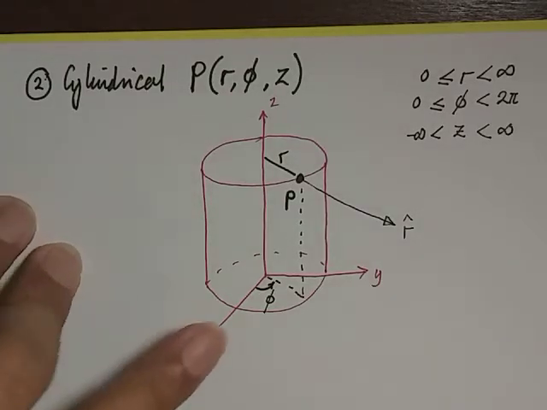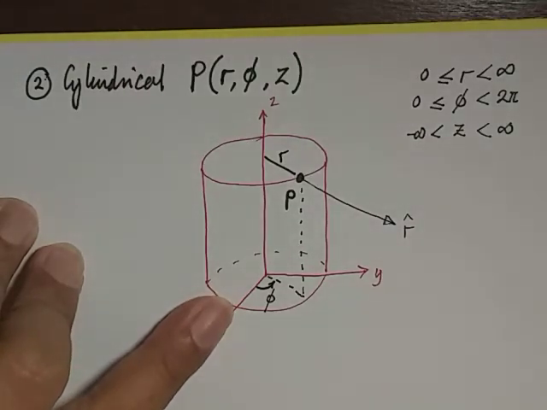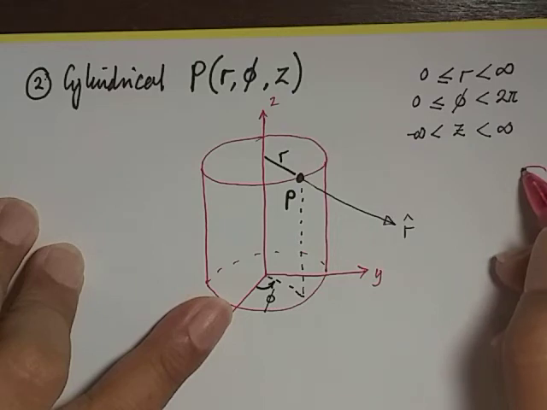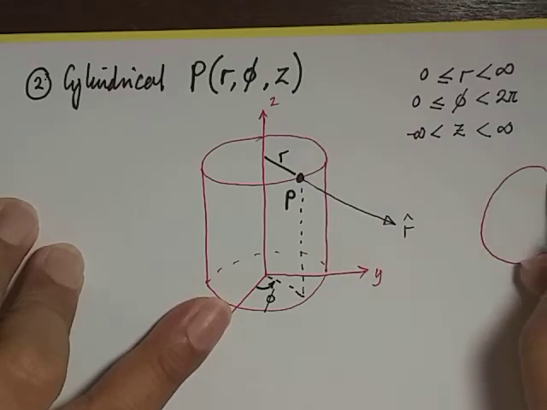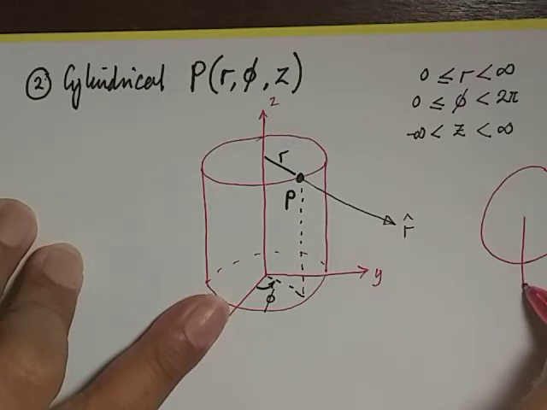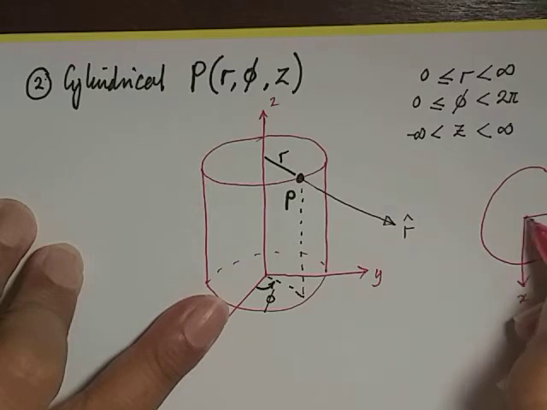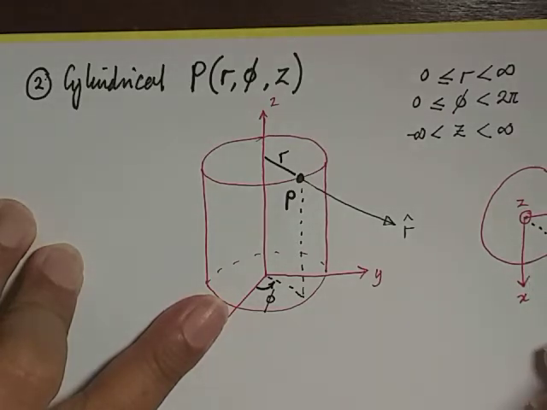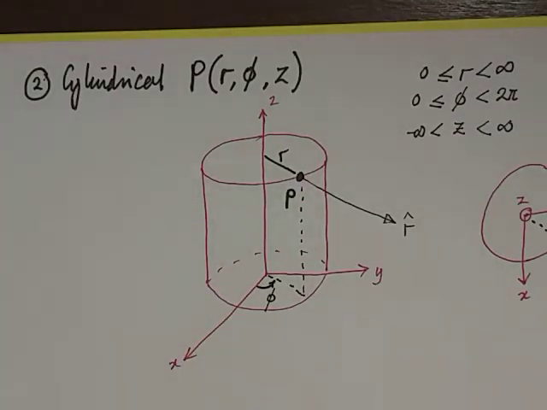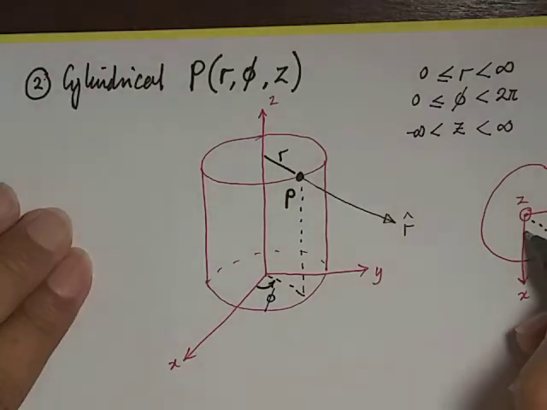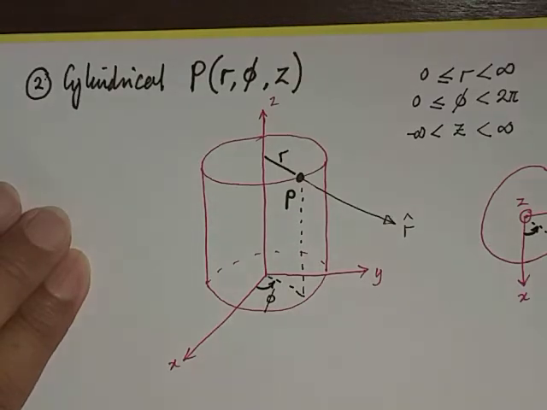Okay, for phi, now, if we observe this diagram from the top, we're going to have our x-axis, y-axis, and z-axis. The point P appears to be here. What we defined before, r, appears to be coming out from the z-axis, passing through the point P. And phi, we know, is circulating around the z-axis in this direction.